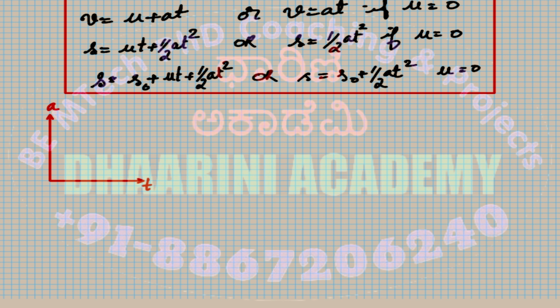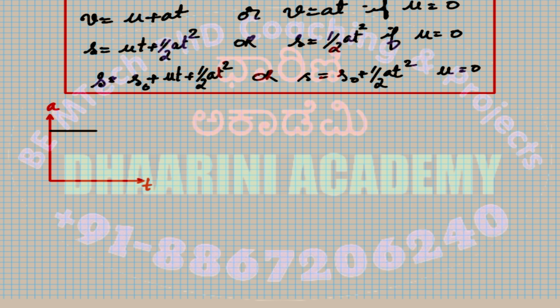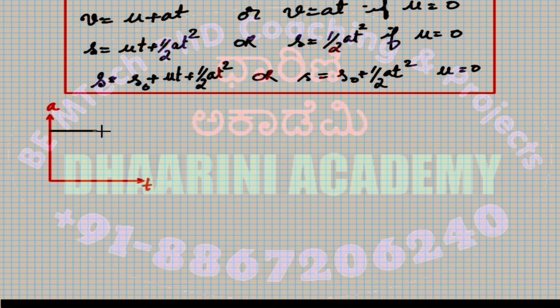So it is a constant value irrespective of the time. So that is the graph for uniformly accelerated motion whenever I try to plot an a-t graph.